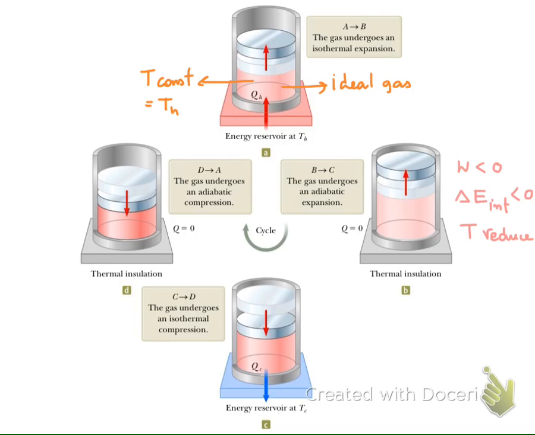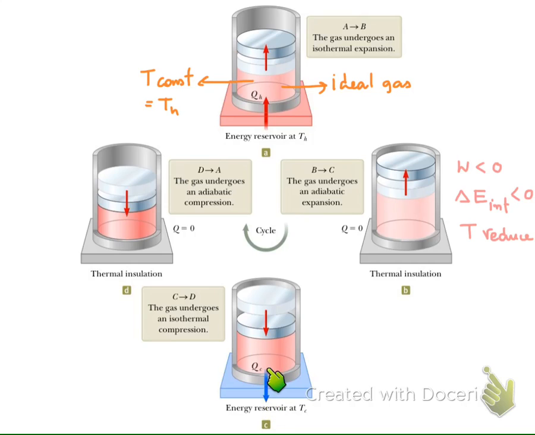Next, we put our system in thermal contact with the environment, or the reservoir with the low temperature TC, and we let the system release the heat to the environment.